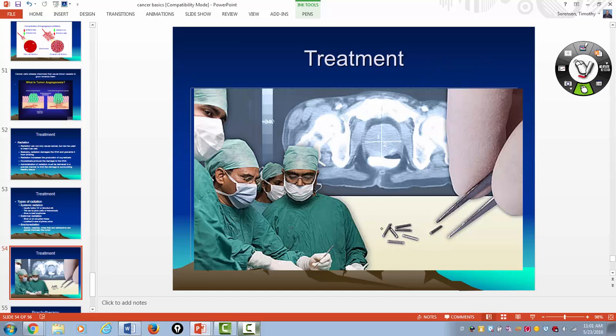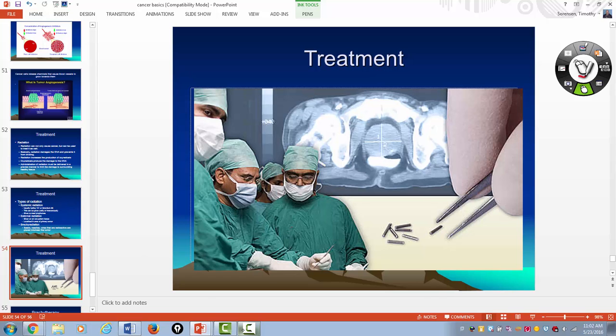Then you have what's called brachyradiation. This is where they implant seeds, and these are radioactive, and they emit localized radiation to the tumor. So it's usually placed in the original tumor, and then once it's destroyed, those things are removed.